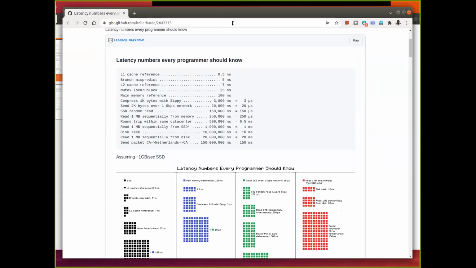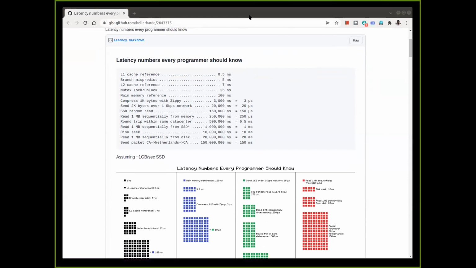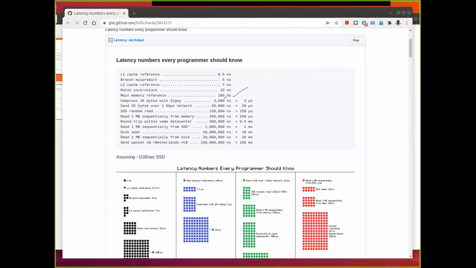Later on in your course, you will study about caches, etc. But if you see main memory reference, if the data is present in the main memory, the time required to access it is 100 nanoseconds.